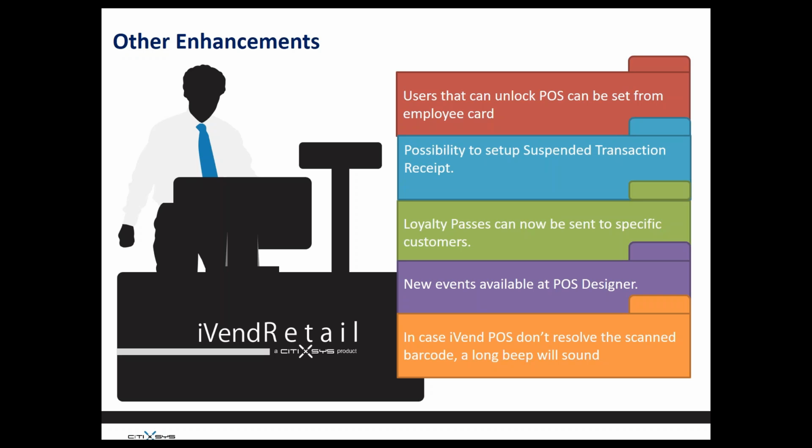And another announcement is that loyalty passes can now be sent to specific customers. Previously, if we enabled loyalty passes for the store or our enterprise, all the customers that were enabled for the loyalty plan received the loyalty passes, even if the customer didn't want to receive a loyalty pass.